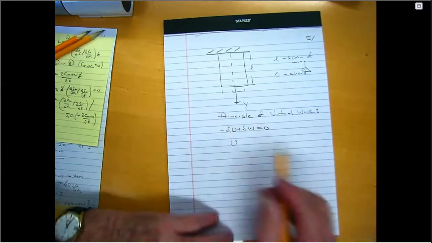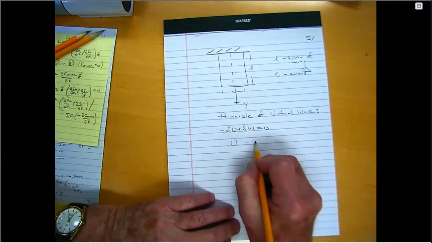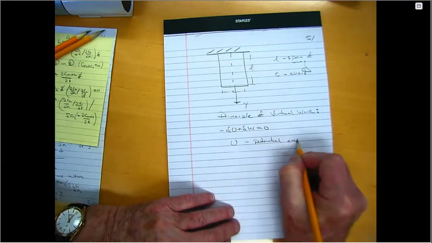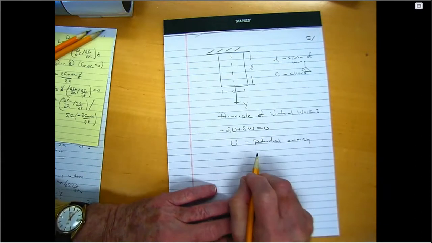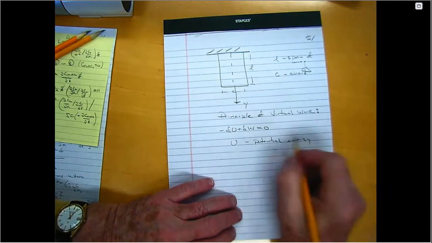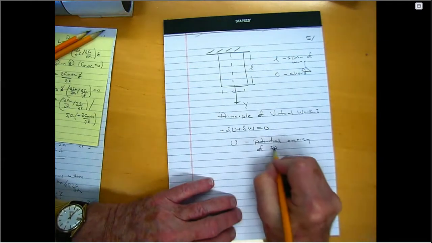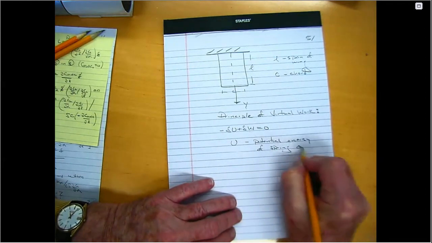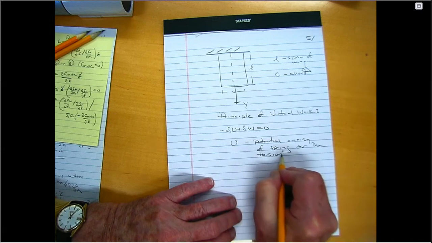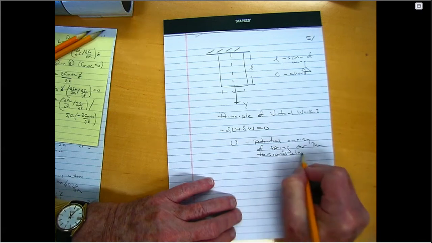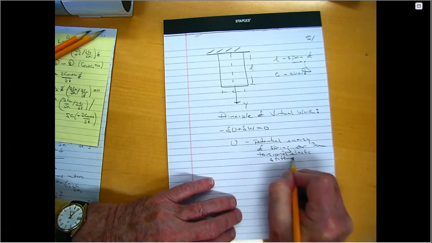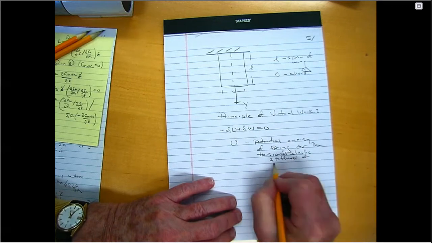Okay, so again, U is the potential energy. And what is the potential? It's the potential energy of the spring in our rotor model, or the torsional elastic stiffness of our new model.